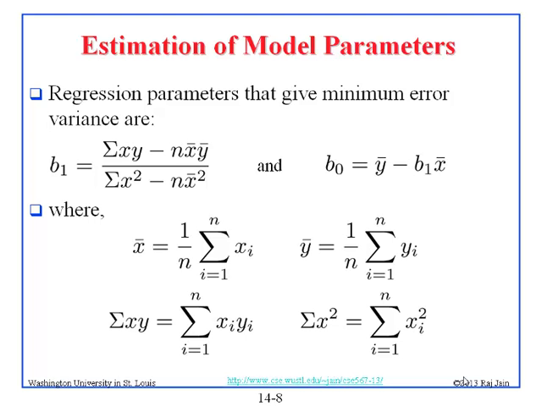So we did that and we came up with b1 is sigma xy minus n x bar y bar divided by sigma x squared minus n x bar squared, and b0 is simply this. x bar is the mean of x, y bar is the mean of y. Sigma xy is simply the sum of xi yi, sigma x squared is the sum of x squared, and so on, the common meanings.